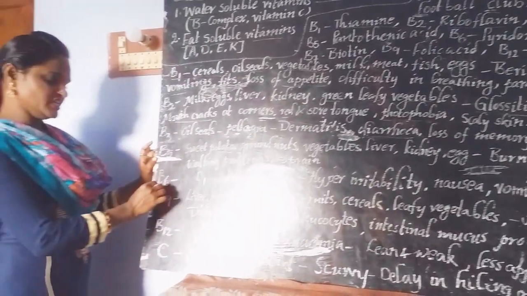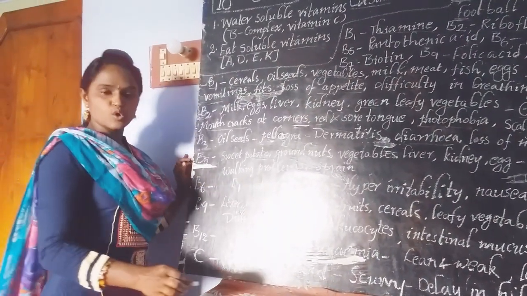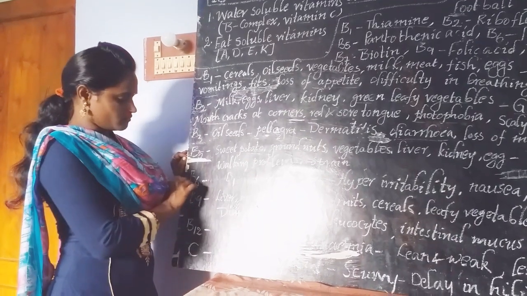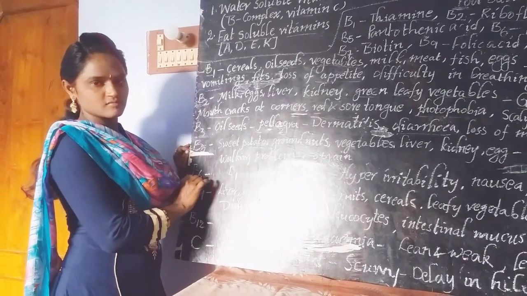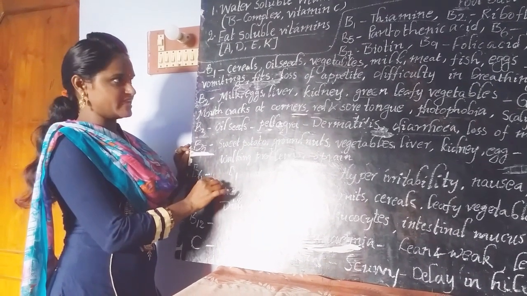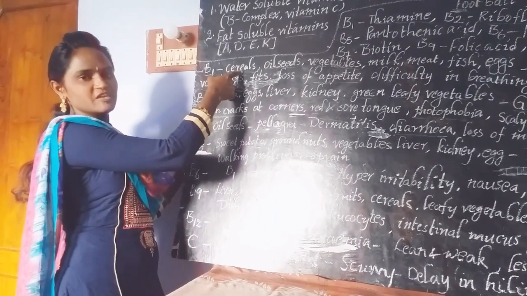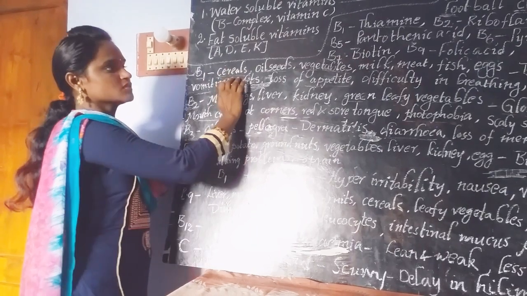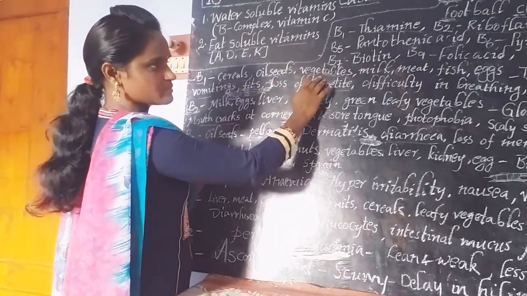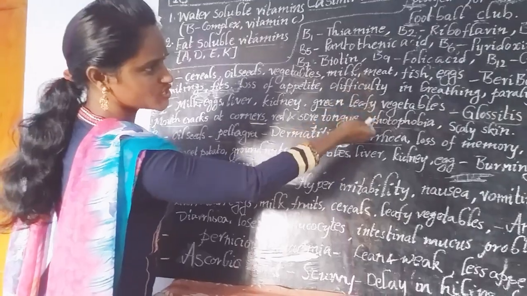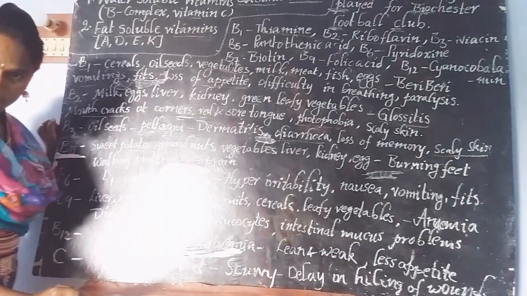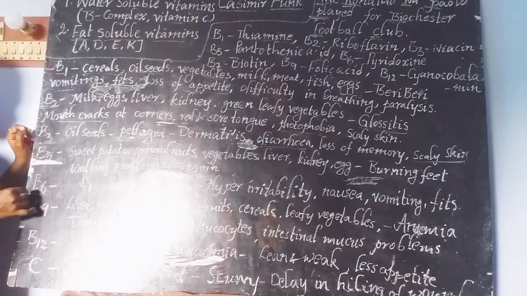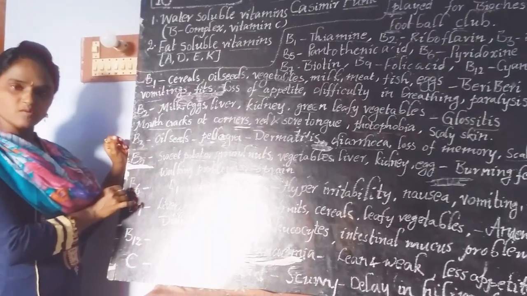Pyridoxine. If you see here, we may find the sources of vitamin B6. In which kind of food is it available? As with B1, if you take cereals, oil seeds, vegetables, milk, meat, fish, eggs, such food items, then we get more vitamin B6 into our body.